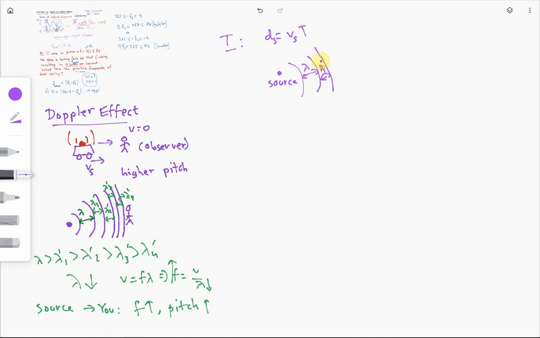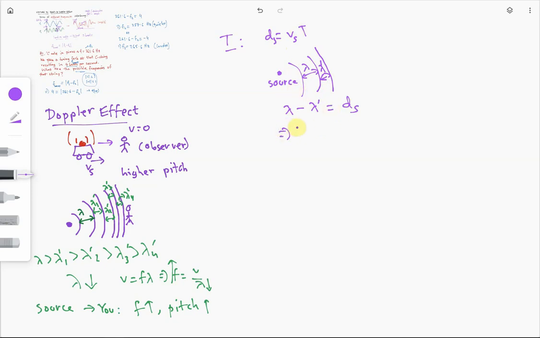Let's call this lambda prime. There is a difference of the wavelengths. And what is that difference? Lambda minus lambda prime, because lambda is larger than lambda prime. Lambda minus lambda prime must be equal to the distance the source moved. The difference of the sound waves is basically how far the source has traveled in that particular time.